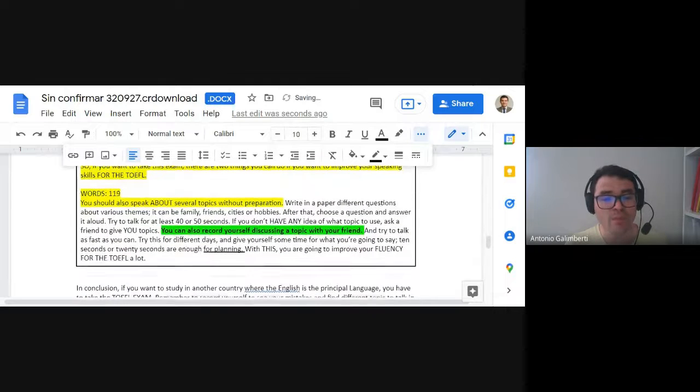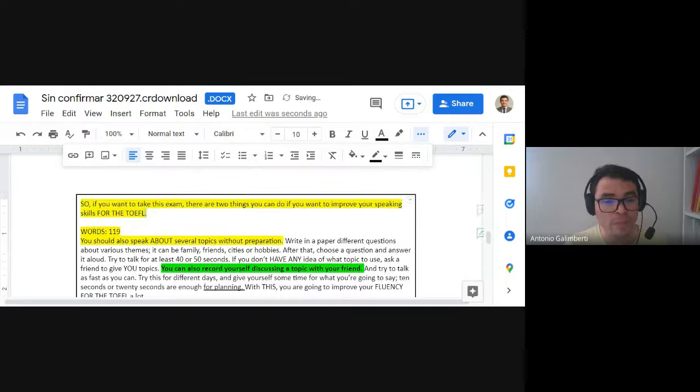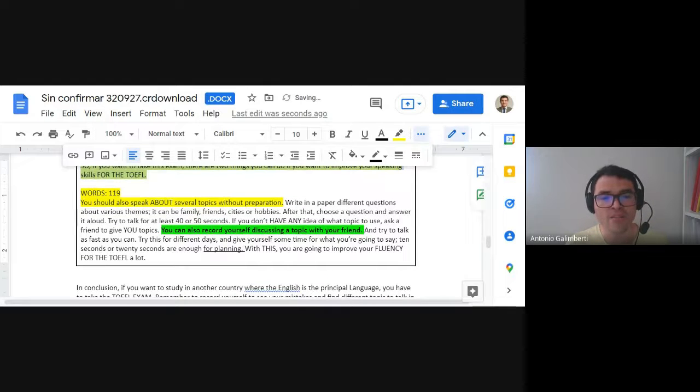Then the secondary body paragraph also is going to develop the thesis statement a little bit farther, and it should have a topic sentence that clearly mentions what the main idea of the topic is or what your second main point is.